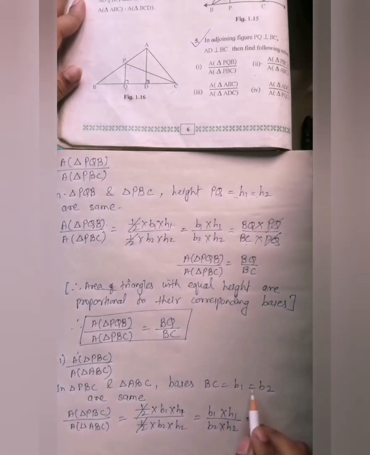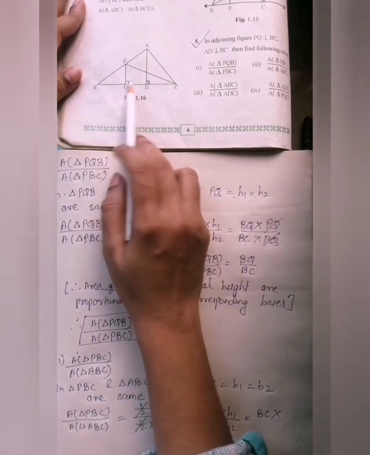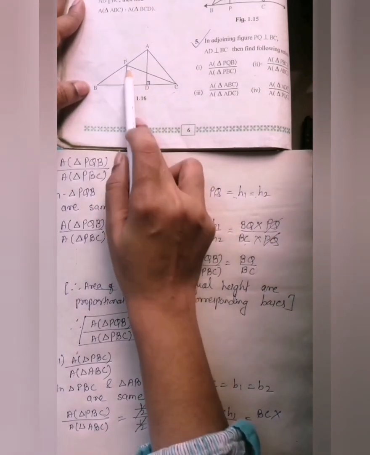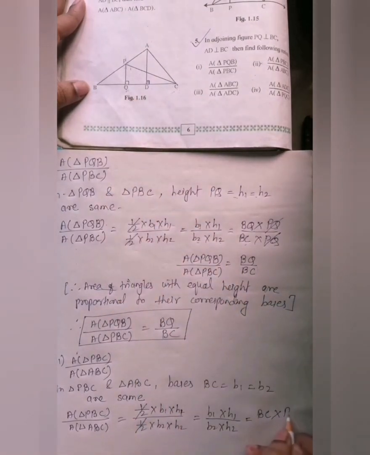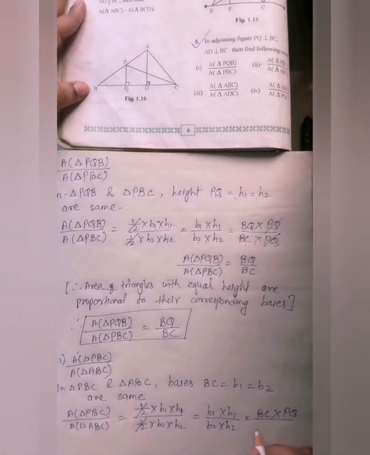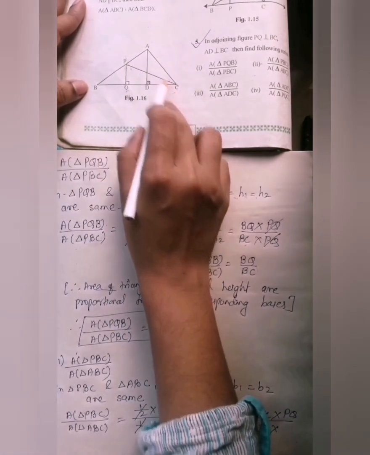After that what do we write? First their bases are the same. So what is the base? BC multiply. Now what is the height of this triangle? Look at here. So we have this triangle, PBC. So the height is what? PQ. So write down here PQ. Clear? Upon B2, which is BC. Write down as it is. Multiply H2 for the second triangle ABC. So in ABC what height do we have?